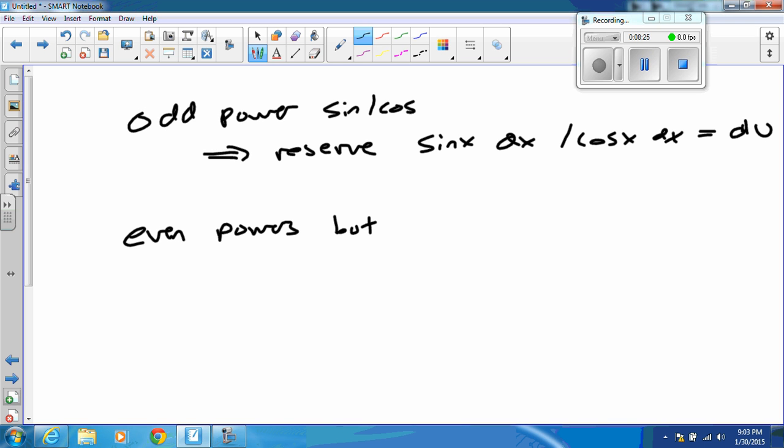If I happen to have even powers of both, I groan and I pull on my double angle boots and convert. And that's it for integrating powers of sine and cosine.